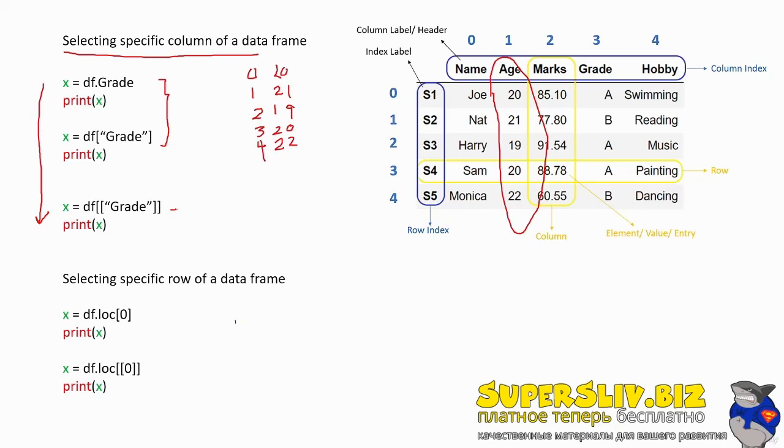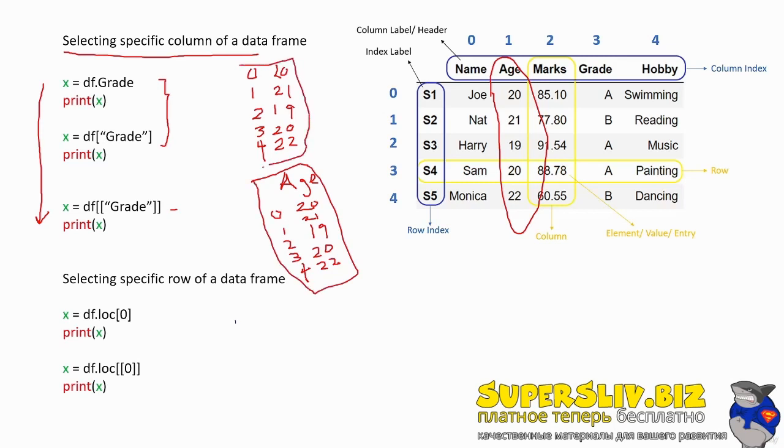This command will return a pandas data frame. So the output will be age: 20, 21, 19, 20, 22, and there will be indexes 0, 1, 2, 3, 4. So this is a data frame and this is a pandas series.